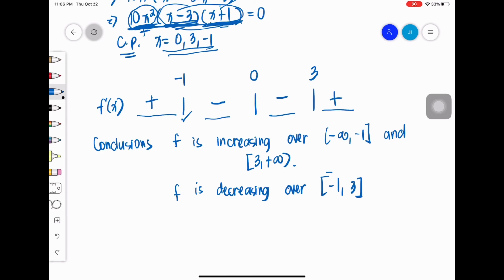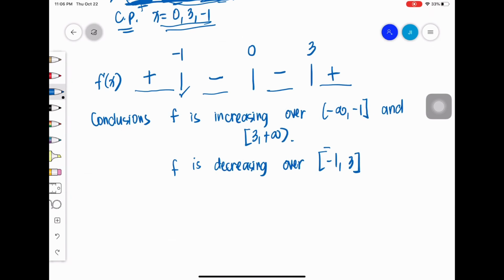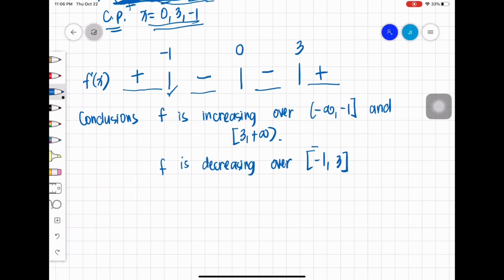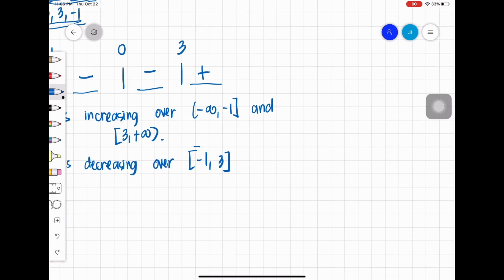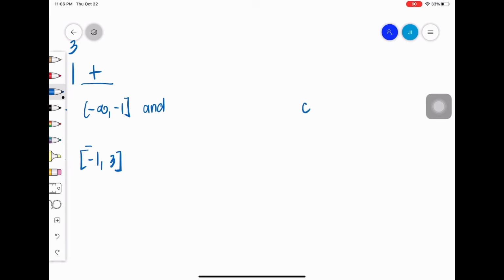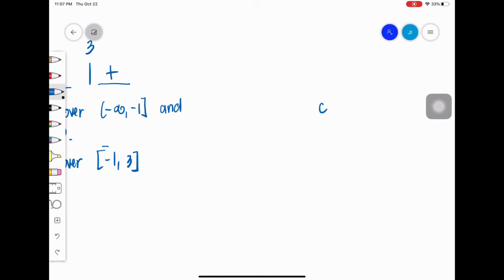Lastly, we can now use the first derivative test to conclude on the relative extrema of this function. Recall, how do we conclude relative extrema? The best thing you can observe is that if you know the signs before and after C, you can imagine what happens before and after C. Right?